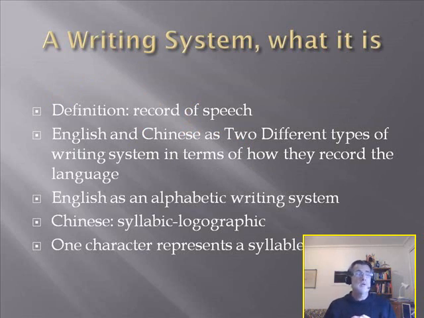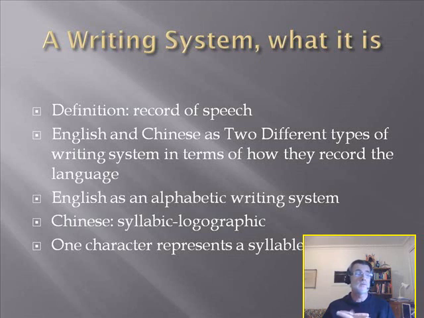PowerPoints here. Alright, so we're going to talk firstly about a writing system and what that is. A basic definition of a writing system is that it is a record of speech. English and Chinese have two different types of writing systems in terms of how they record language. Obviously English is alphabetic, based on an alphabet system of recording language, of recording sound.